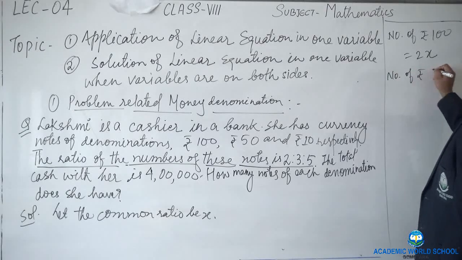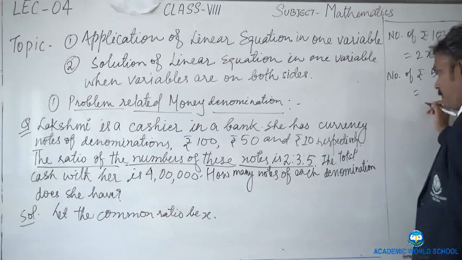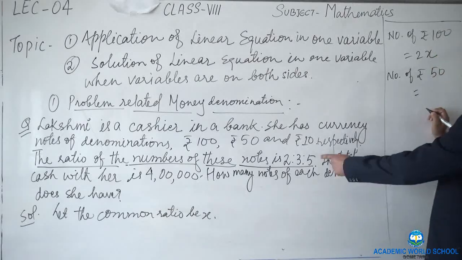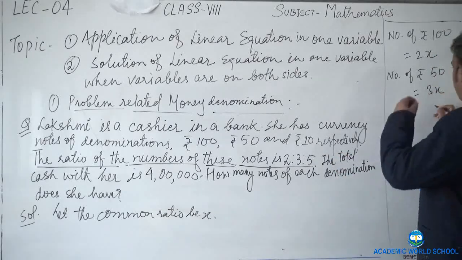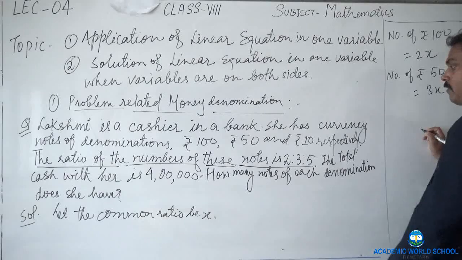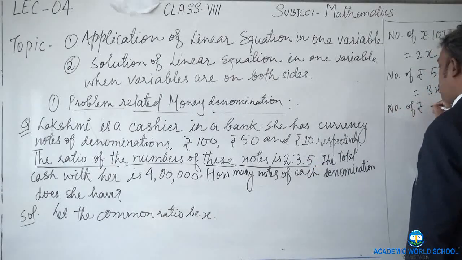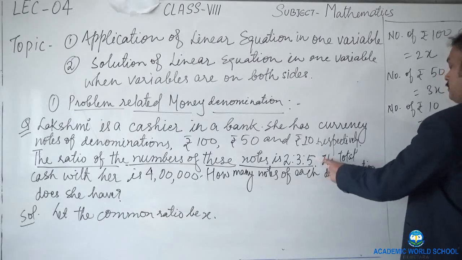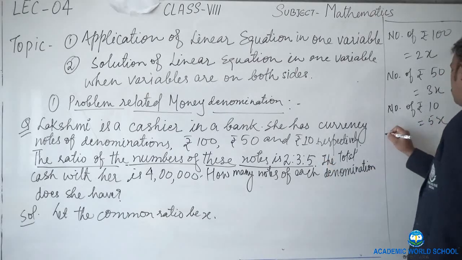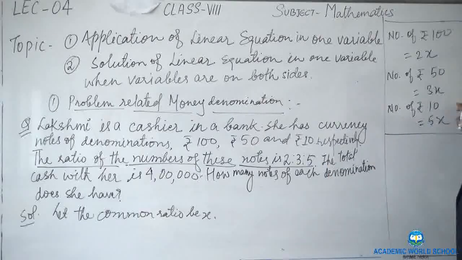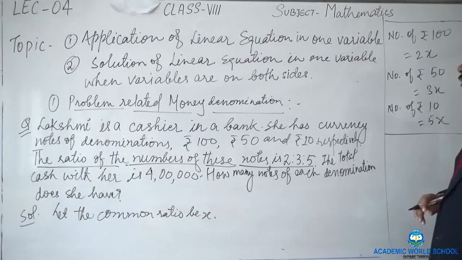Number of rupees 50 notes will be 3x, and number of rupees 10 notes will be 5 into x. So this is the number of notes we got.